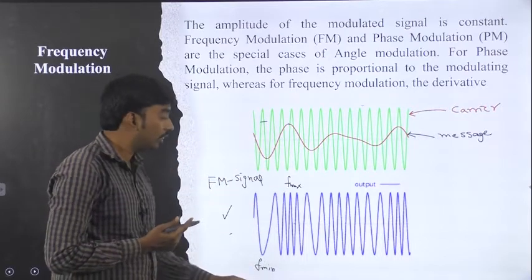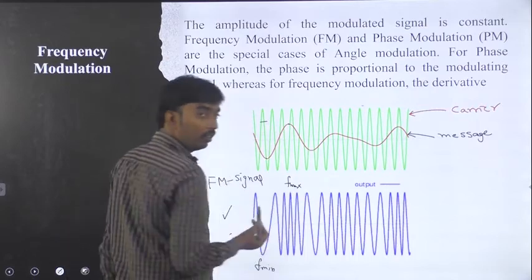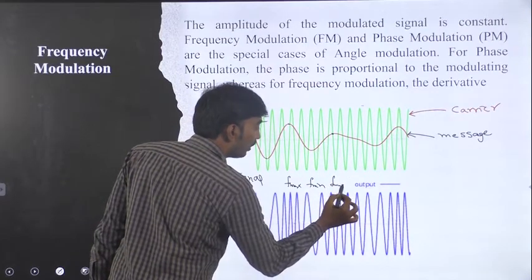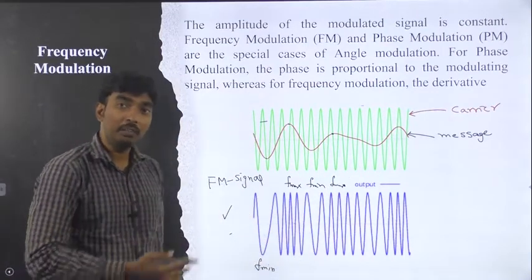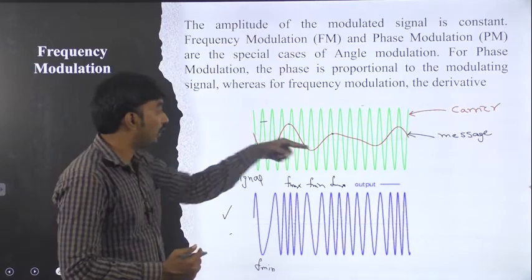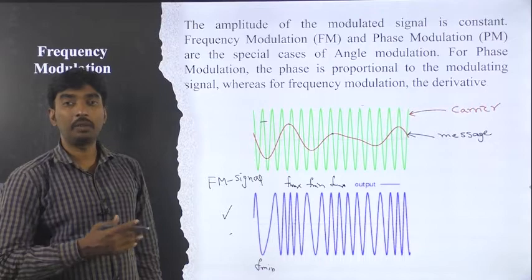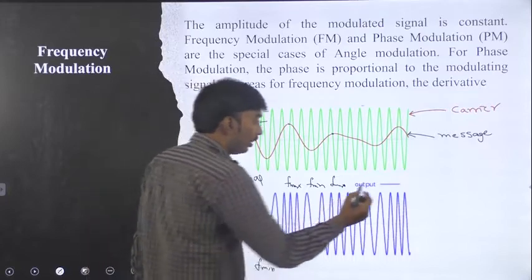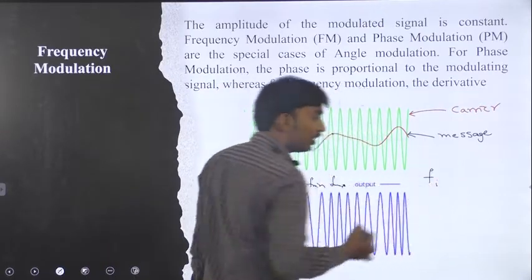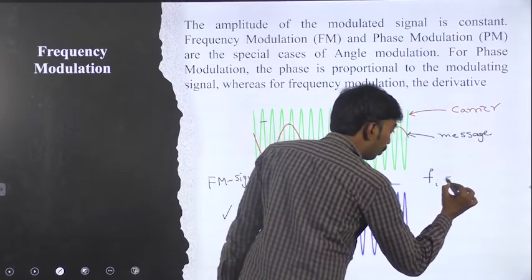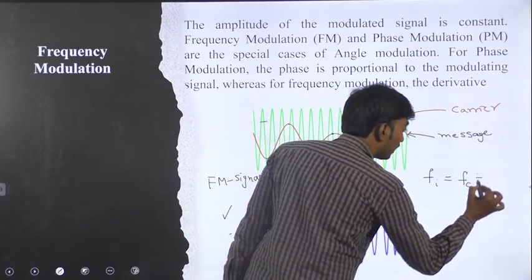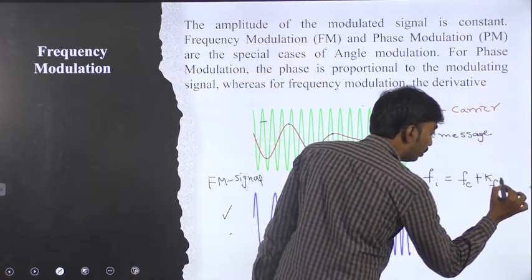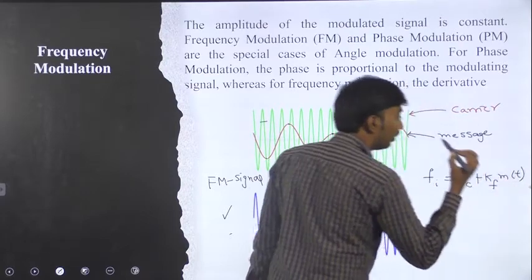Here the maximum, here the minimum. Again message signal is low, minimum frequency. Message signal is high, maximum frequency. And that maxima and minima is with respect to the message signal. So that's why the instantaneous frequency fi is equal to fc, that means carrier frequency, plus kf into m of t.